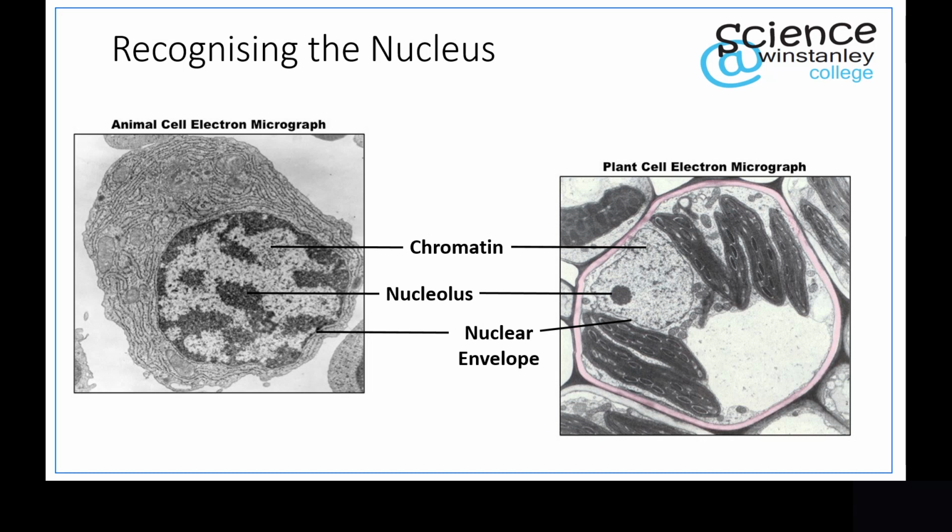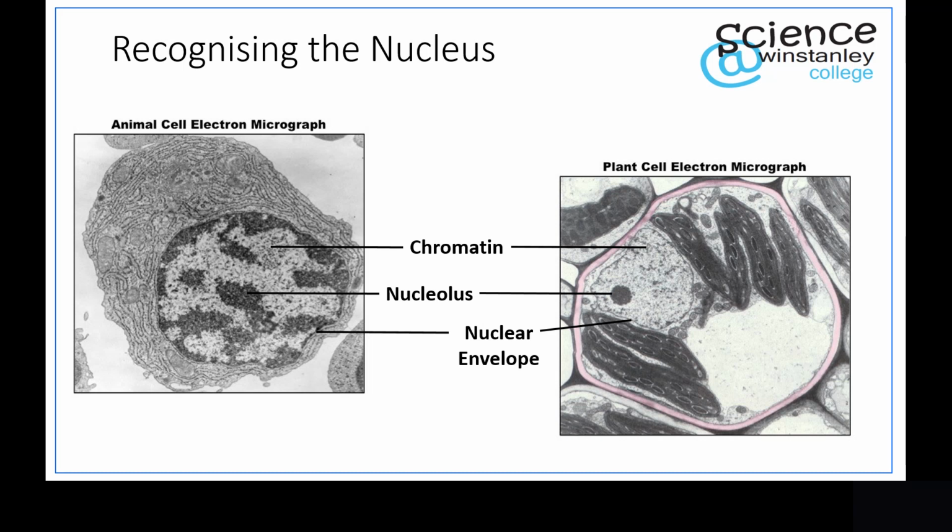Now, you can see the nuclear envelope because you can see that boundary between the outside of the nucleus and then where the cytoplasm of the cell would begin. But on these diagrams, it's incredibly difficult to be able to see the nuclear pores. So I haven't labeled a nuclear pore. You can see the nucleolus, the darker spot in the center, and then the chromatin within the nucleus there.